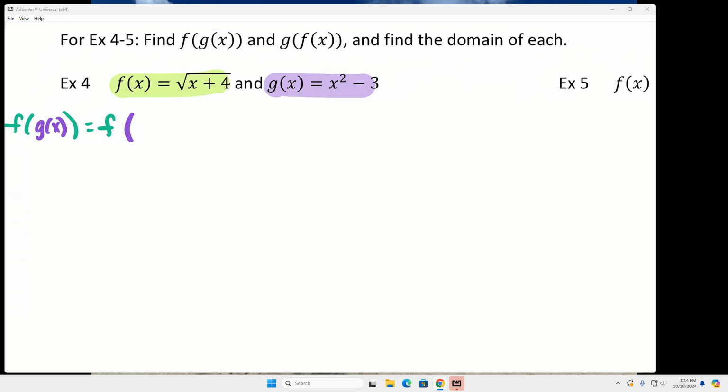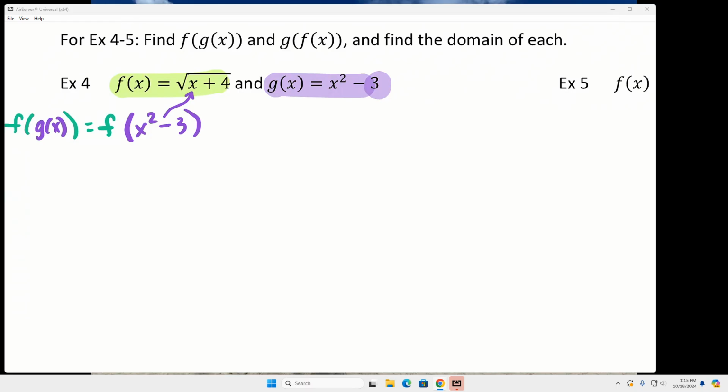So g of x is x squared minus 3. Alright, so that means I'm going to take x squared minus 3, and we're in f, I'm going to put it in the place of x.